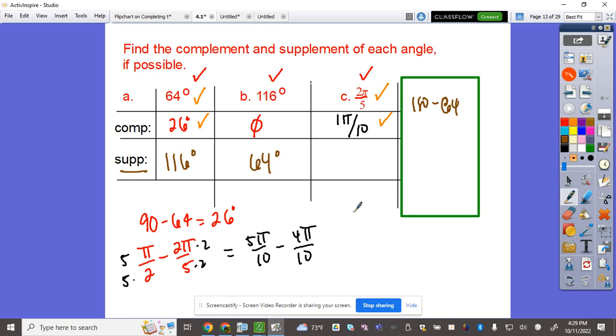And for 2 pi over 5, it will be subtracted from a whole pi, which we know is 5 pi over 5. Therefore, the answer is 3 pi over 5 as the supplement of 2 pi over 5.